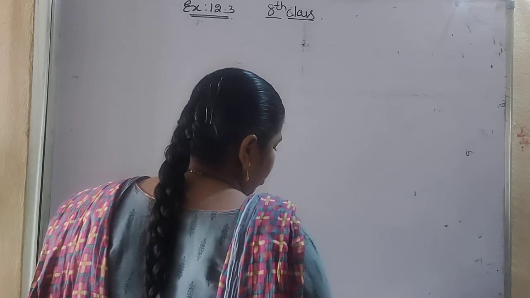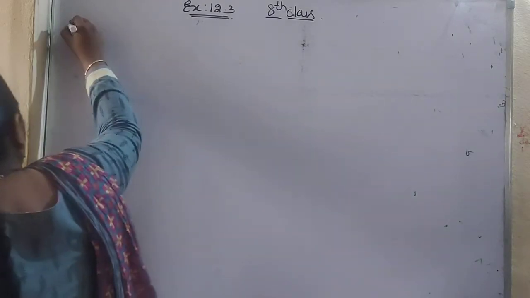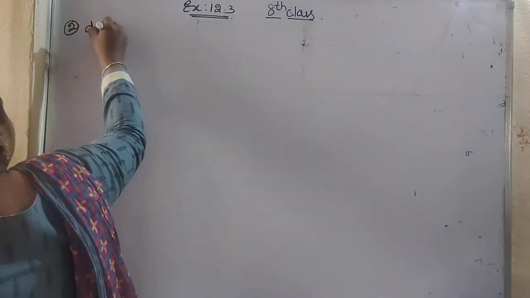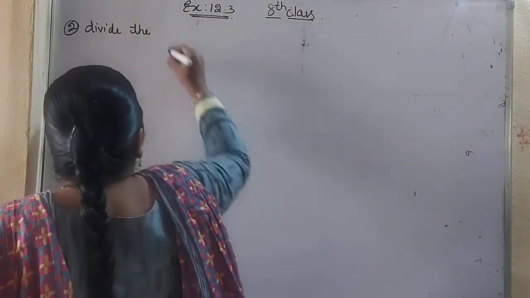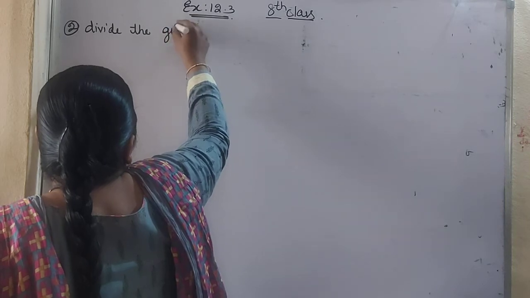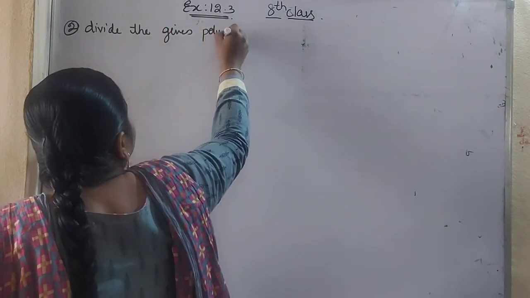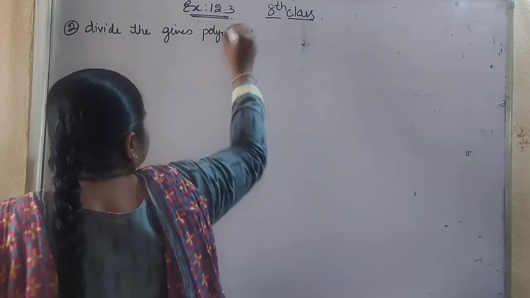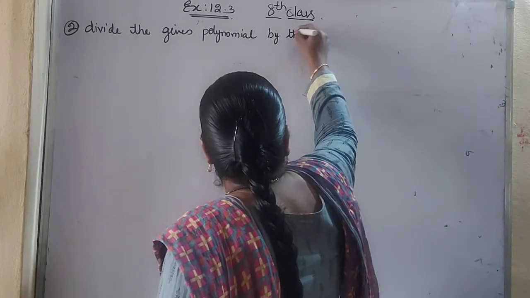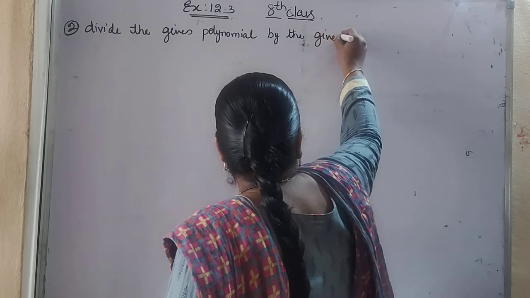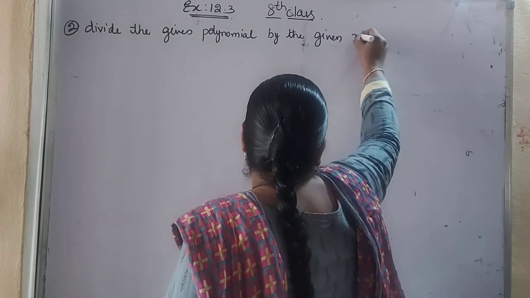Divide the given polynomial by the given monomial.